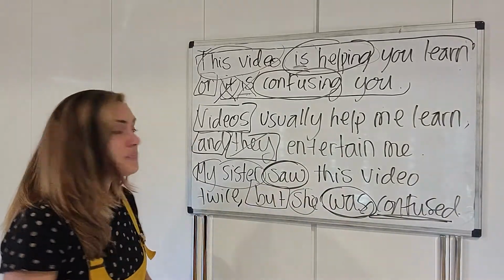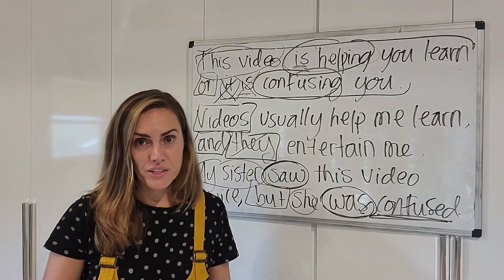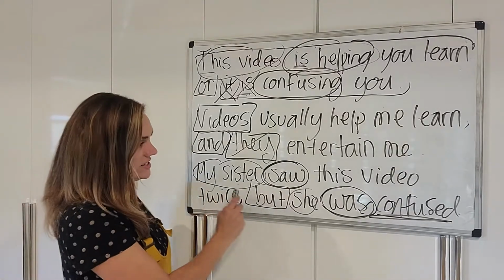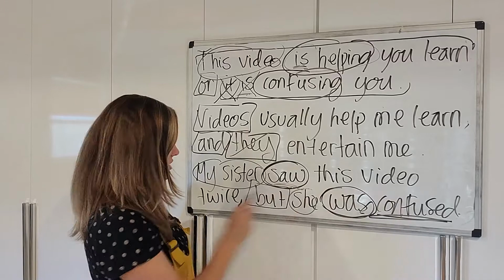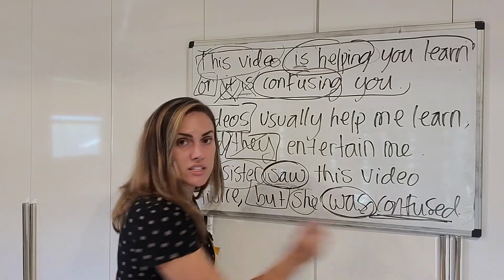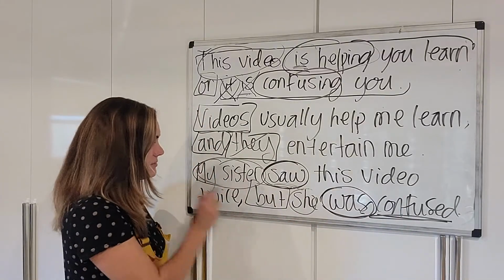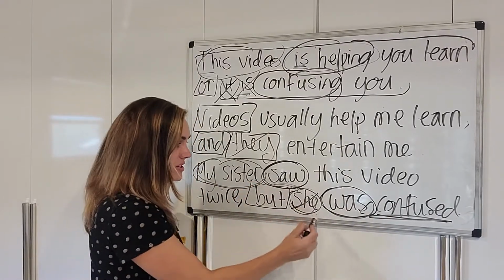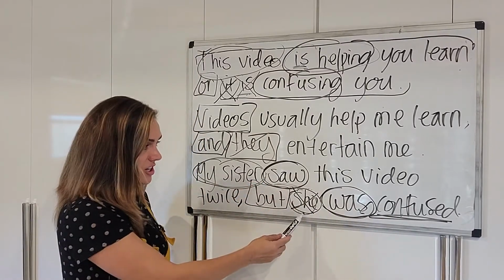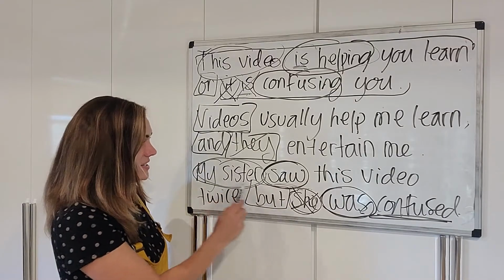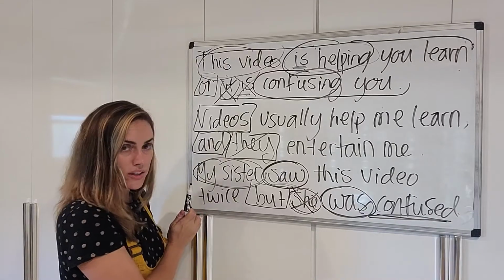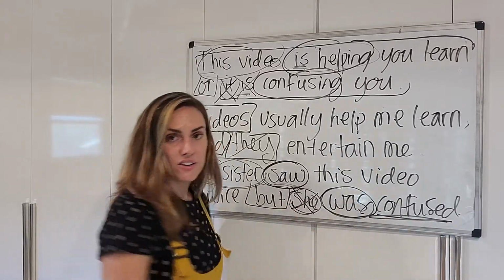Okay, so if I want to reduce this sentence, I can. Let's just see what I have. My sister saw this video twice, but she was confused. Now the subject is my sister over here, and it's she here, same person, so I can take out the she and say my sister saw this video twice, take away the comma, but was confused.